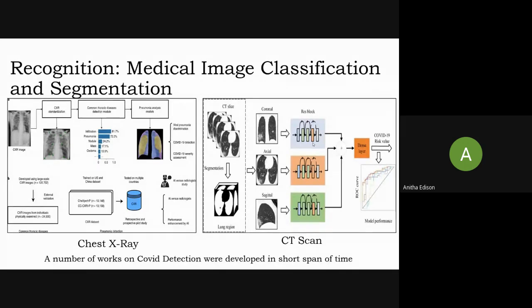For example, there were works identifying the level of COVID infection from chest X-rays without the intervention of a very expert doctor. Just a radiologist was enough. There were works identifying the infection from CT scans also. So that was another area where there was a lot of work in a very short span.